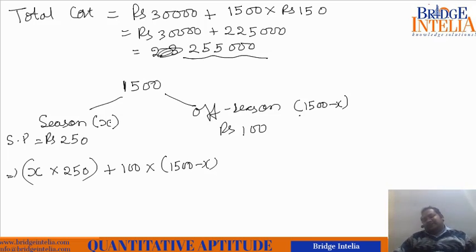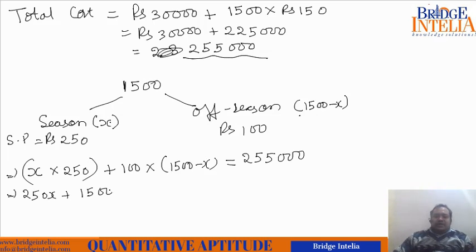So off season, each watch rupees 100 to break even. So this is what he will get. This must be equal to his investment, 255,000. So let's solve this. 250X plus 1,50,000 minus 100X is equal to 2,55,000.